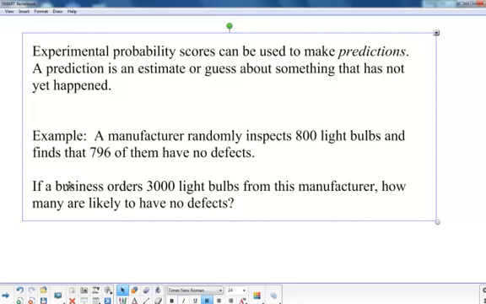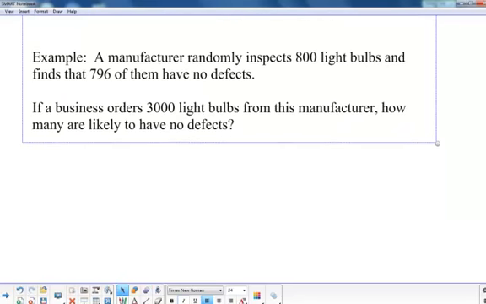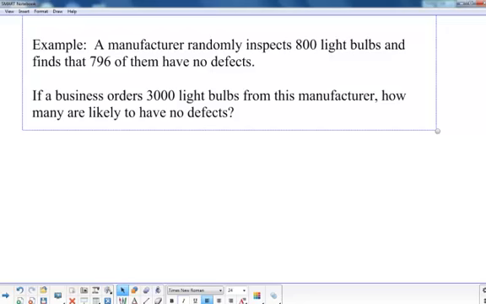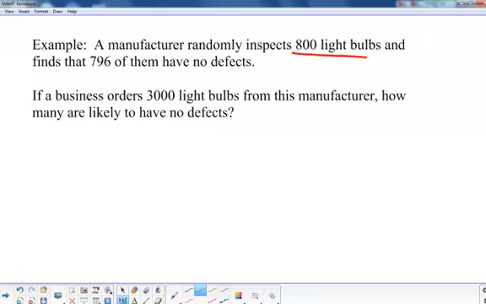So we are now going to use probability to make a prediction. If a manufacturer is inspecting 800 light bulbs, so that's our sample space, how many actually inspections happened, and 796 of them did not have defects, then 796 out of 800 is the probability of no defects.